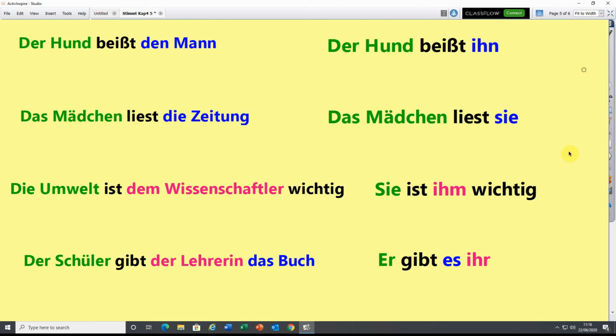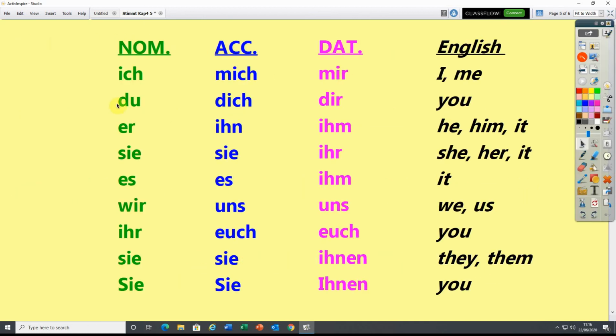Okay, and to do that, I can refer back to this table, which will remind me what the different forms are. So those are our subject and our object, accusative and dative pronouns. One more thing just to mention quickly to do with accusative and dative, because we have looked at this as well recently, that not only can you use the accusative and dative for these objects, direct object and indirect object in a sentence, but remember you can also use them after certain prepositions.